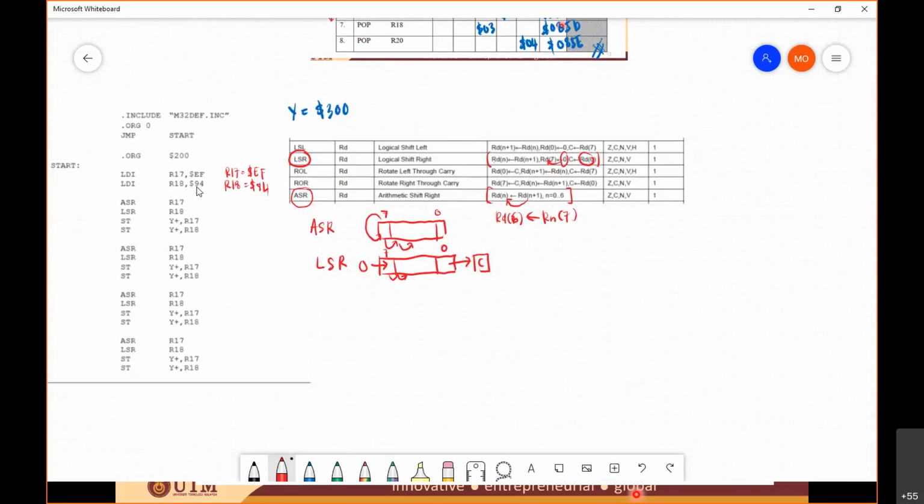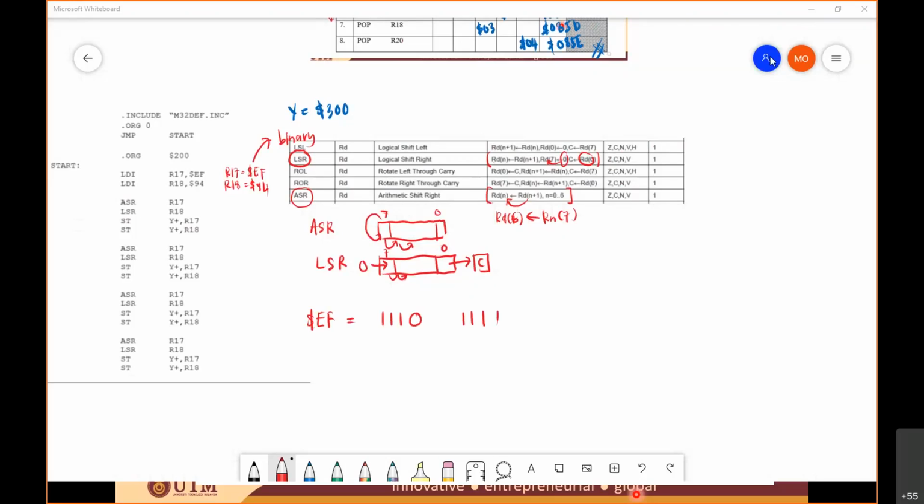As I mentioned earlier, you're going to change this hexadecimal to binary. Convert hexa to binary first. So this is your EF, converted to binary, equal to 1110 1111.